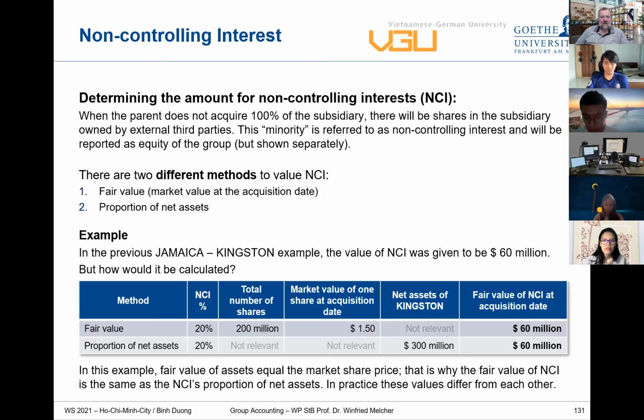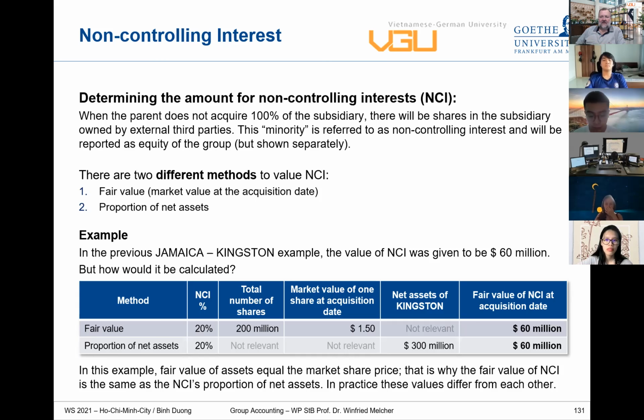When you look at fair values, you should first take a market price from an observable price. So in that case, you would look at the stock exchange and take the valuation from that.